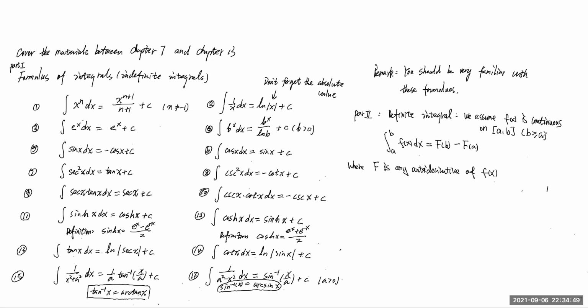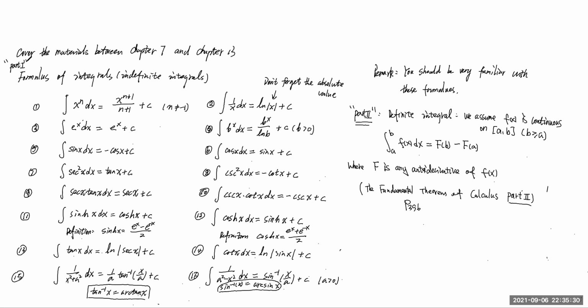Okay, so this is called the fundamental theorem of calculus. Okay, this is part 2, right? You can check the textbook, page 396. Okay, oh, this part 2 is not this part 2. Okay, that's different.